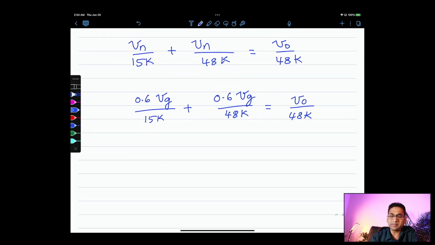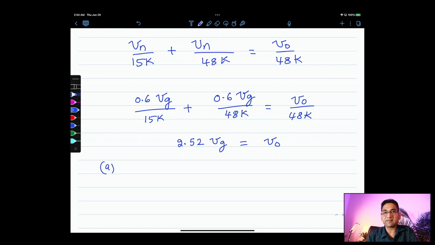Simplify this, and we'll get something like 2.52 Vg equals Vo. That is the mathematical manipulation, and that is what you would get for the V output value.